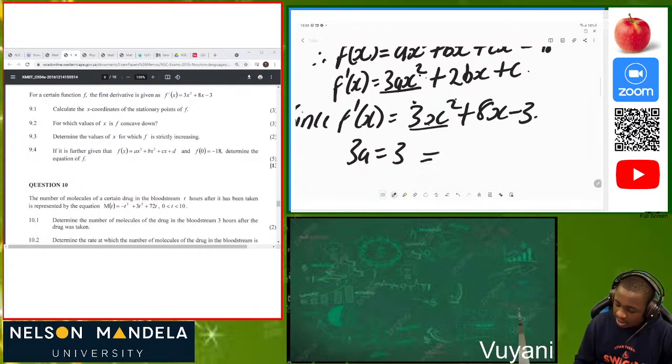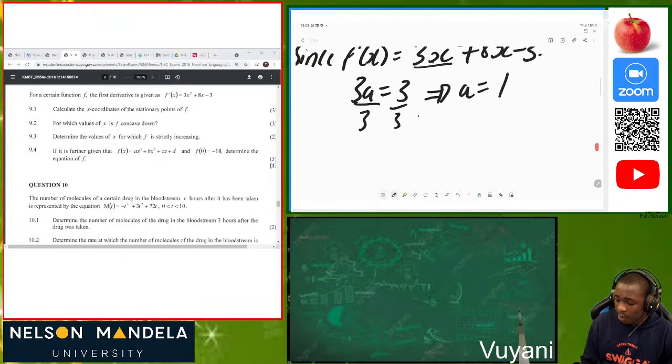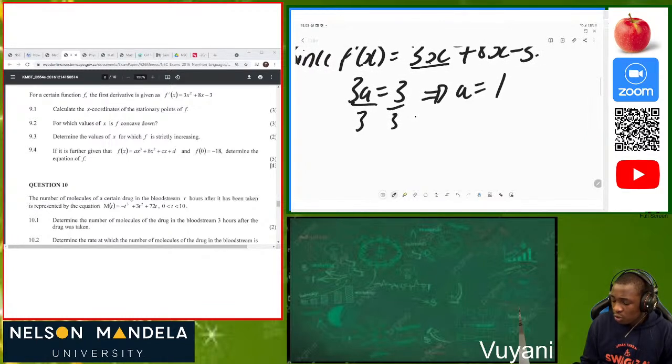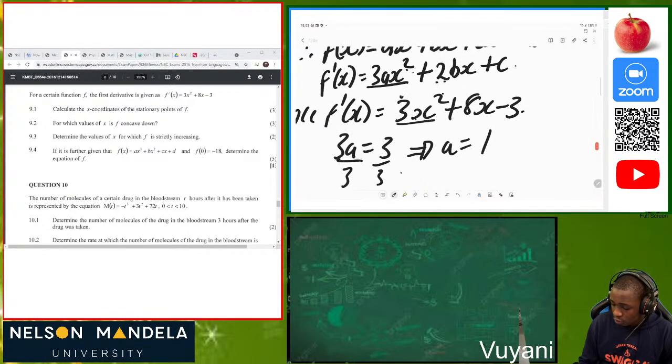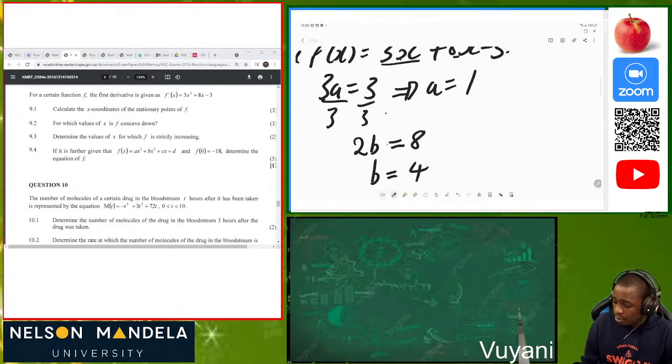Then our a will be equal to 1, because dividing by 3, we get a equals 1. Also 2b and 8 have the same variable, so we equate them as well. So we have 2b is equal to 8. We solve for b, and then our b will be equal to 4. So we have a equal to 1 and b equal to 4.